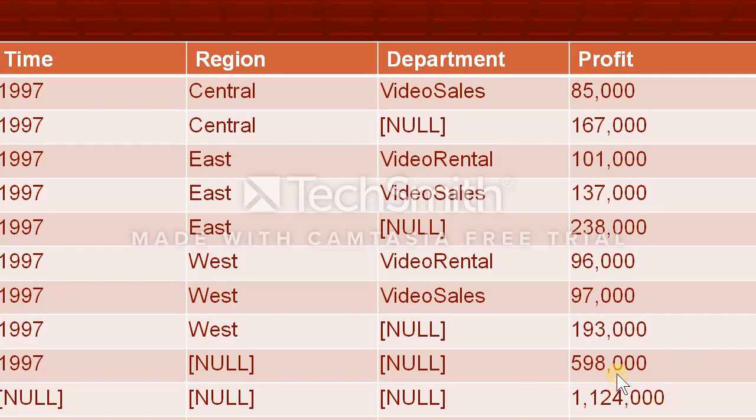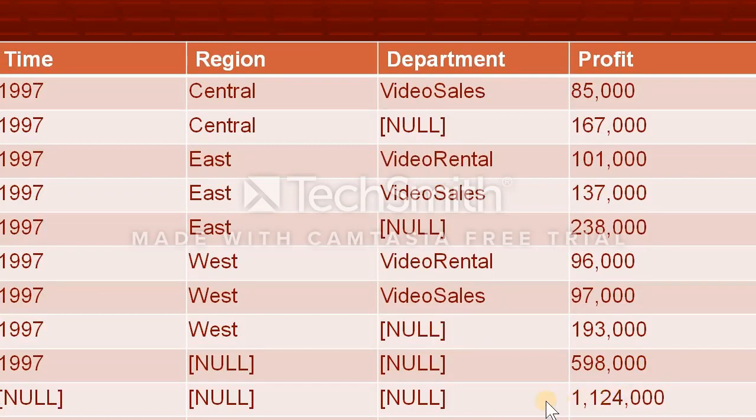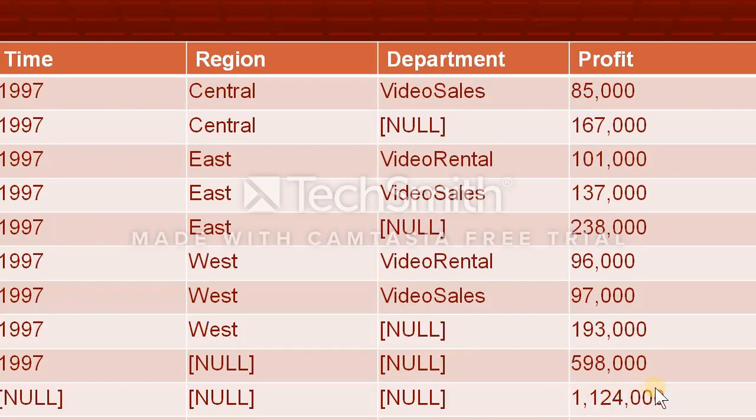If we sum up this value and this value, we come up to this result. This profit was in 1997 and this profit was in 1996. If we sum up these two profits, we come up to this value.